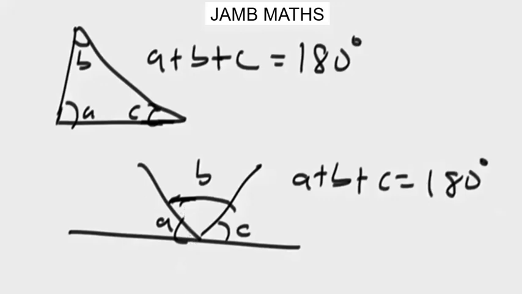This time, let's look at angles in a quadrilateral. Angles in a quadrilateral add up to 360 degrees. For instance, let's say we have a shape like this, and here we have an angle, an angle here, an angle here, and an angle here.